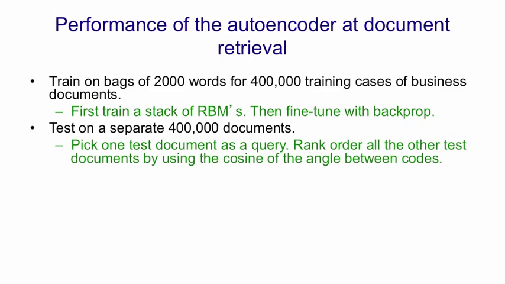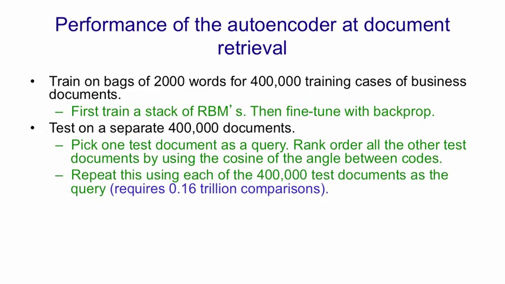And to test, you pick one document to be the query, one of the test documents, and then you rank order all the other test documents by using the cosine of the angles between the 10-dimensional vectors that the autoencoder gives you.